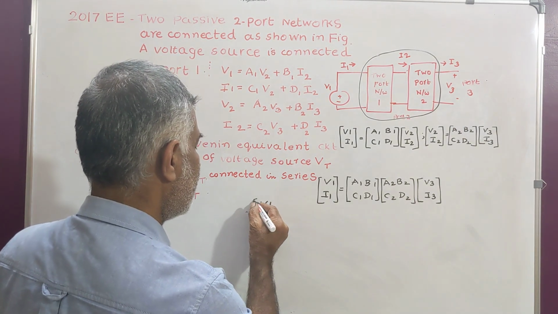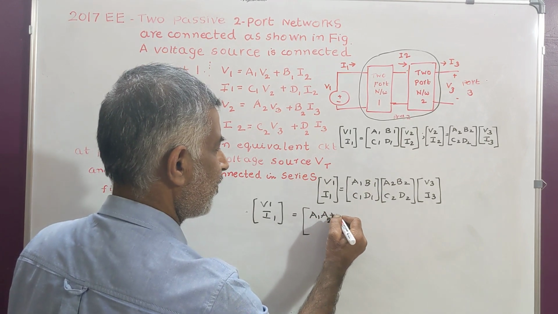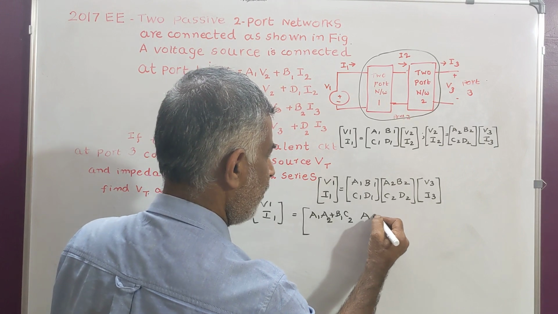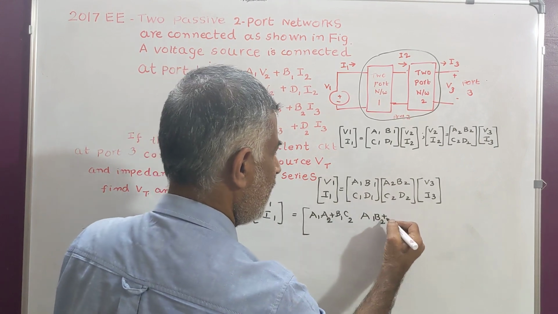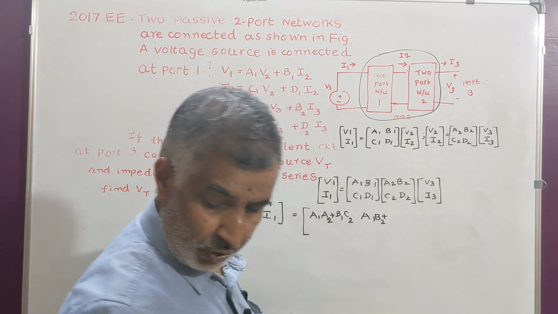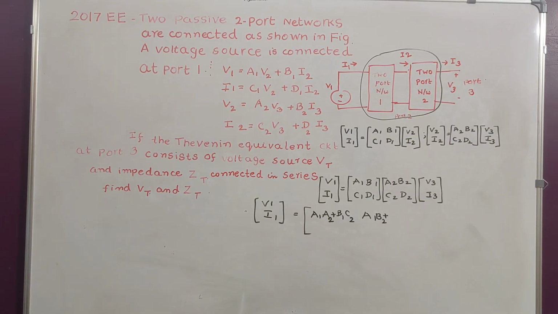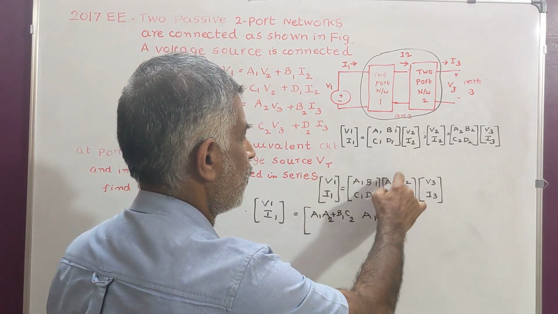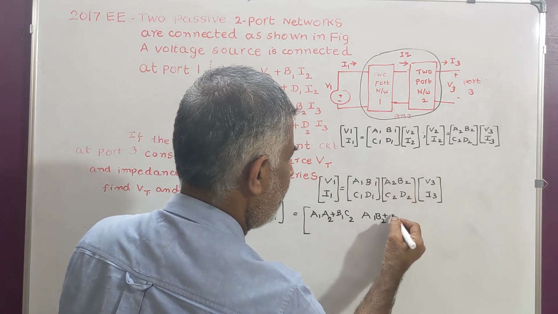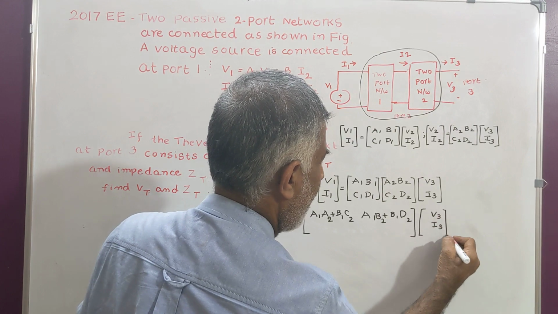[V1 I1] is equal to: first row first column, A1 A2 plus B1 C2; first row second column, A1 B2 plus B1 D2, times [V3 I3].